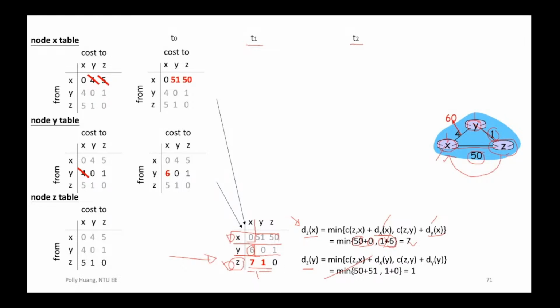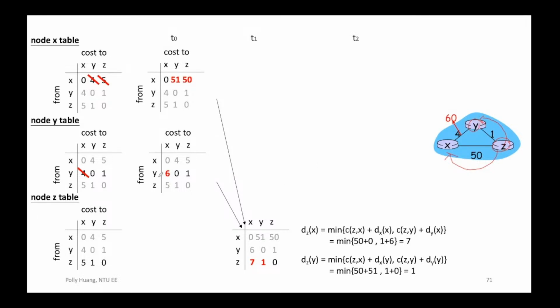Now, what's interesting is this. Z thought the shortest path to x is now 7, and the best neighbor is y. So z thought the next hop to forward the packet, destination being x, should be y.